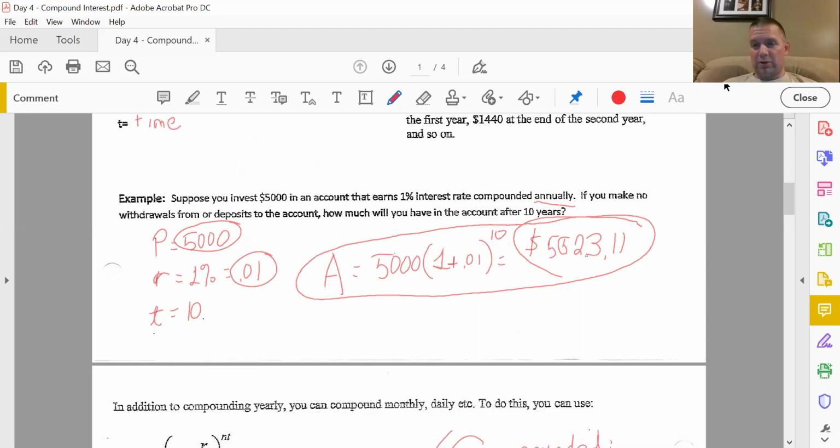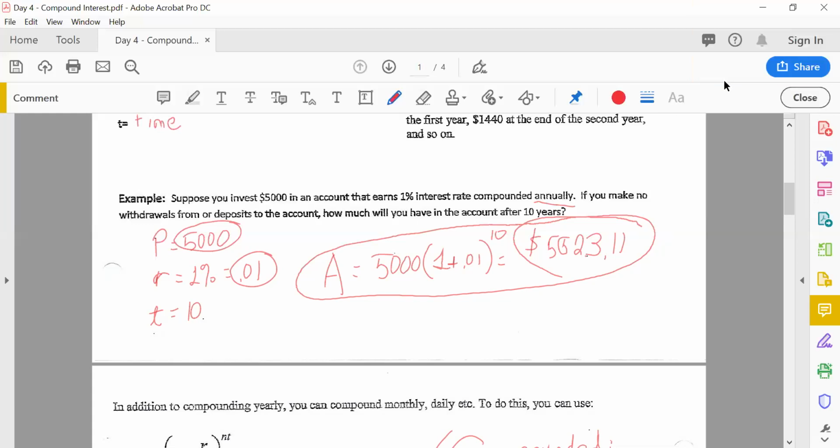So what's a quarter of 2%? It's 0.5%. That means at the end of March, they add 0.5%. April, May, June, at the end of June, they'll give you another 0.5%. July, August, September, another 0.5%. And then at the end of December, another 0.5%, which adds up to 2%. Now you might say, nah, I just want my whole 2%. Believe it or not, chopping it up helps you.